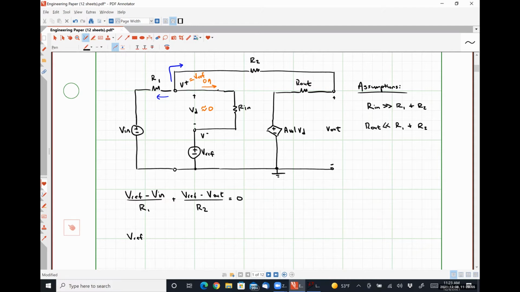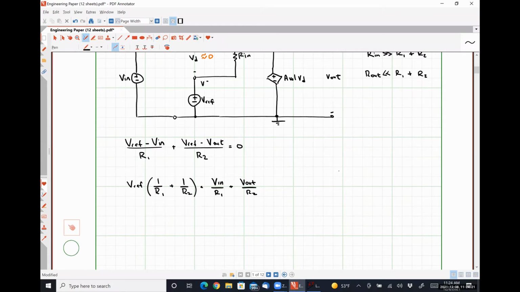So we'll have Vref times 1 over R1 plus 1 over R2 is equal to Vn over R1 plus V out over R2.